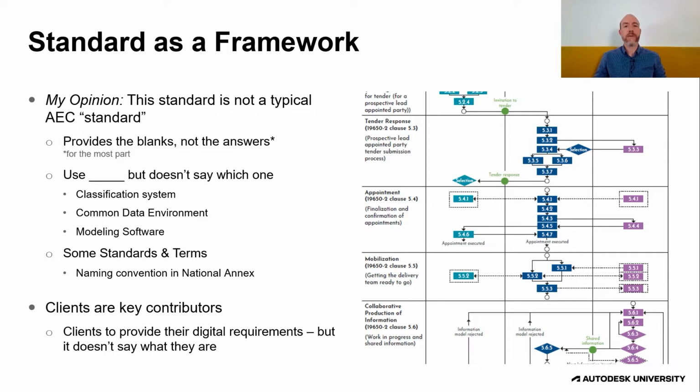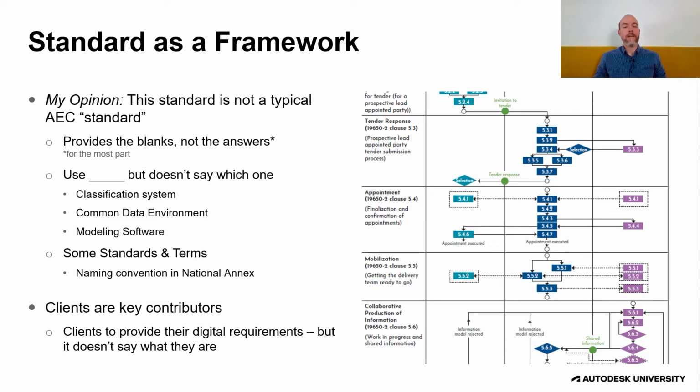And the other piece to really remember is that it's trying to think of things a bit more holistically. Clients, or the appointing party as they describe it in here, are a key contributor to this standard and to making it successful.